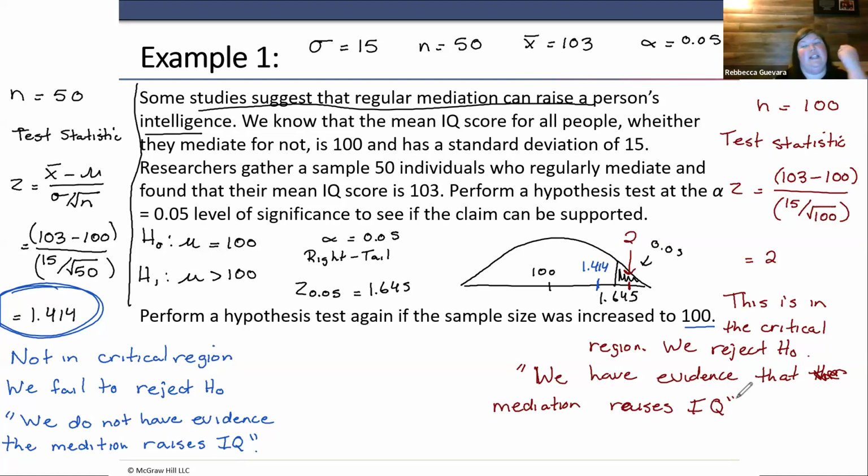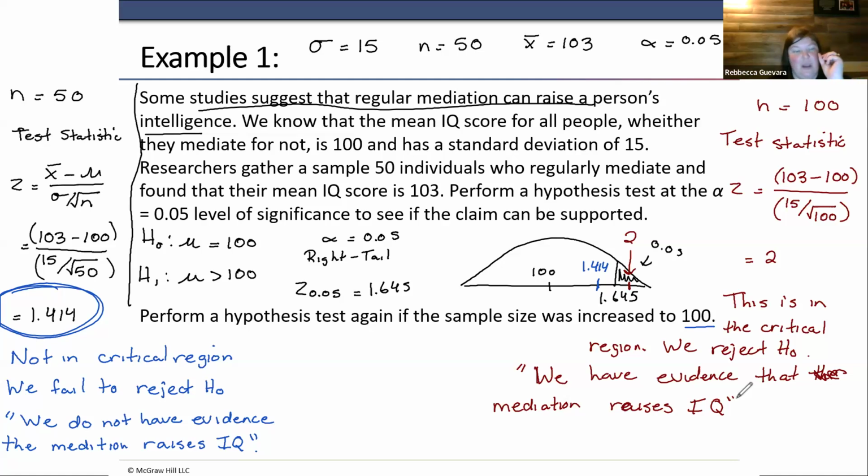So because we collected a bigger sample of size 100, what that means is that because the sample size is bigger, it's less likely that 100 people would have an average IQ of 103. So every time we make that sample size bigger, what we're seeing is our probabilities decrease.